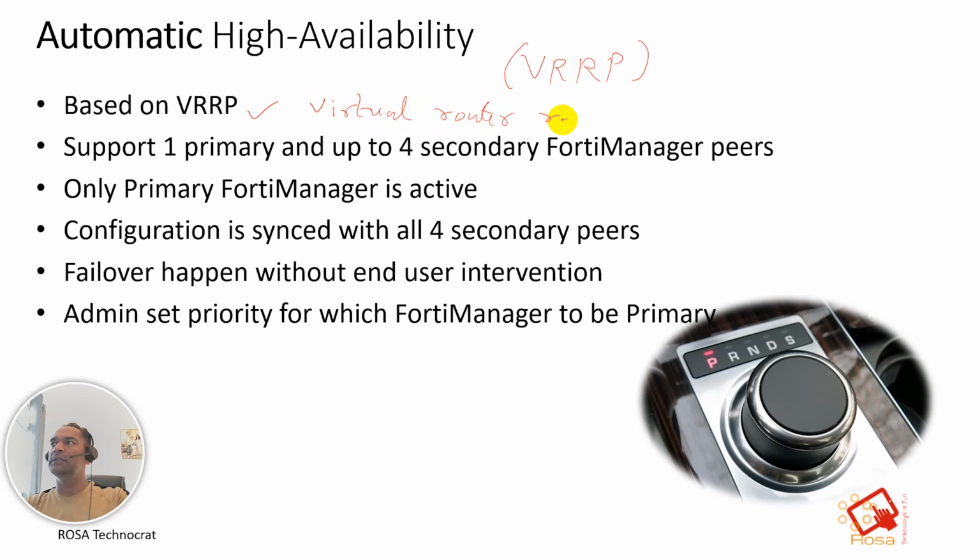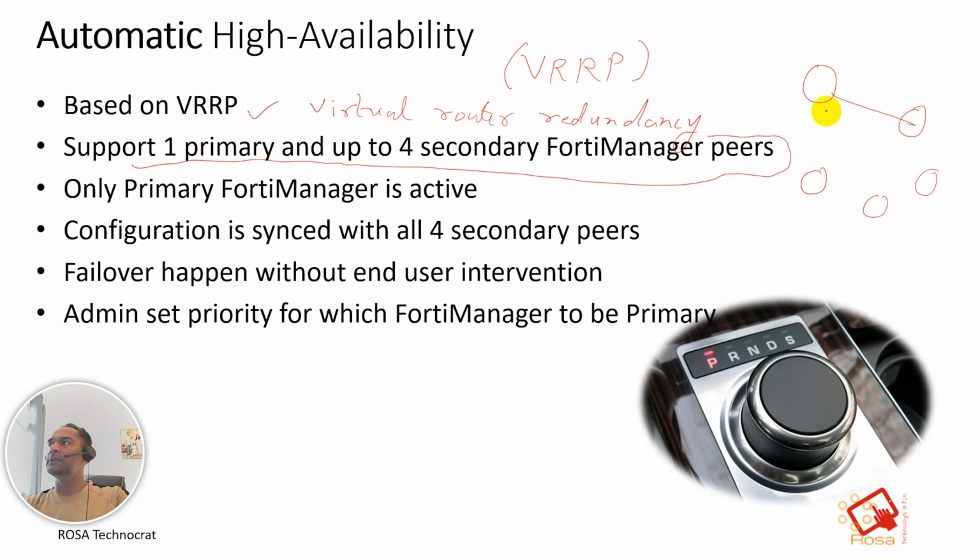This method of failover in FortiManager uses the VRRP protocol and supports one primary and up to 4 secondary manager peers. So this remains the same, you can have up to 4 peers. One will be primary, and only the primary FortiManager is active.